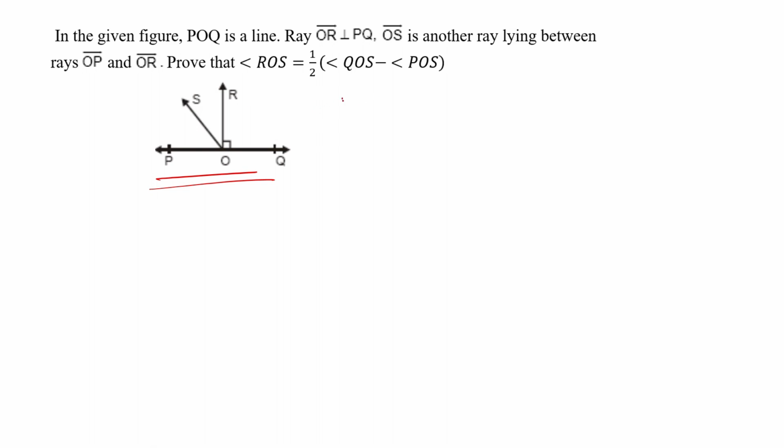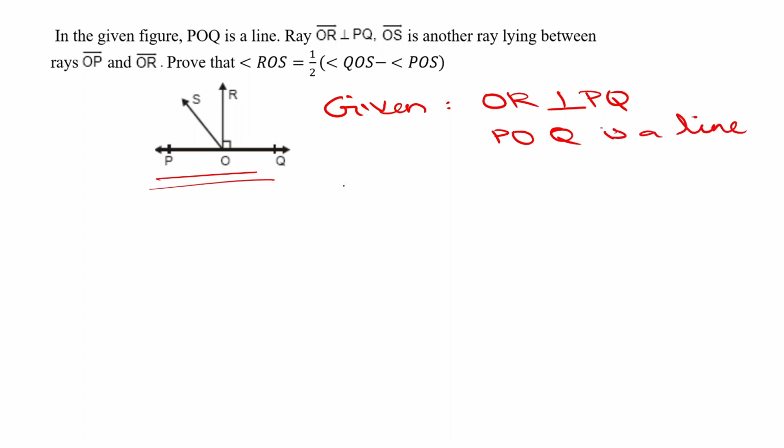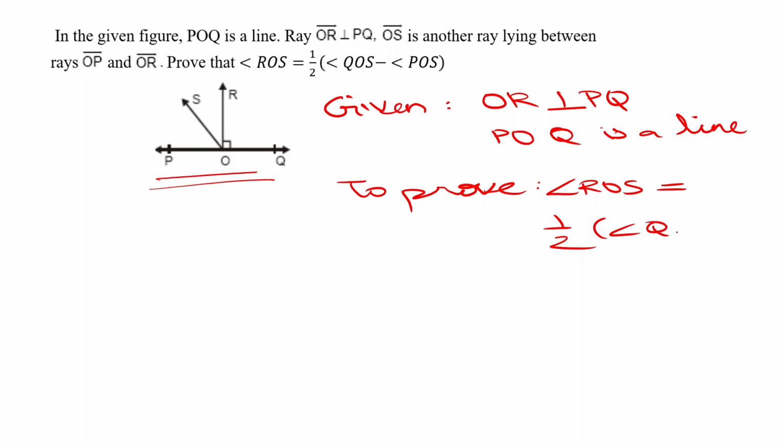Given: OR is perpendicular to PQ, and POQ is a line. To prove: angle ROS is equal to 1 by 2 of QOS minus POS.